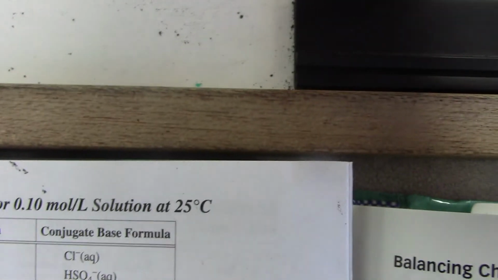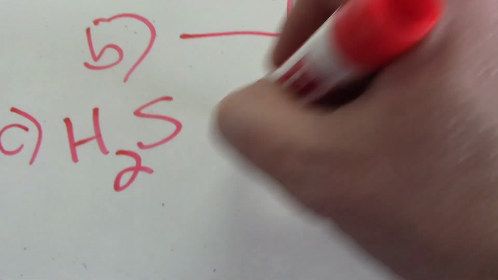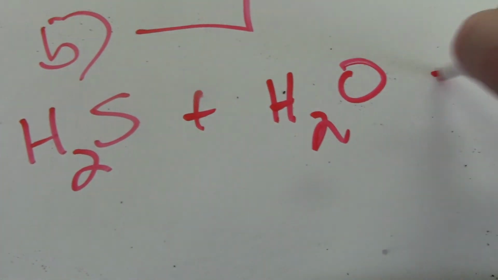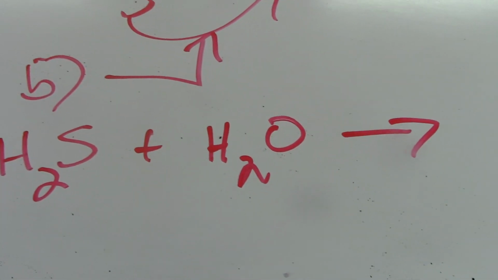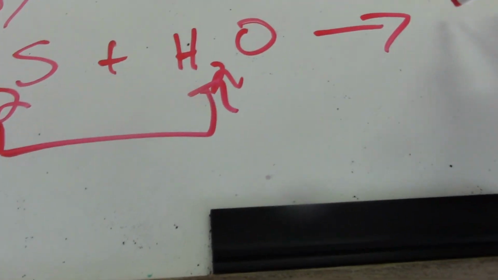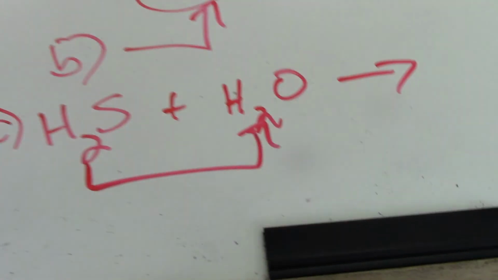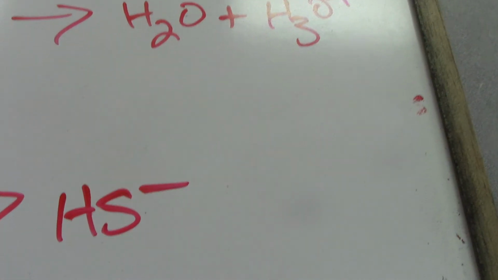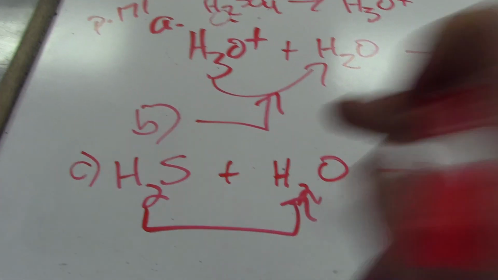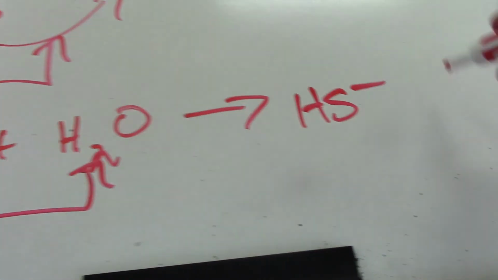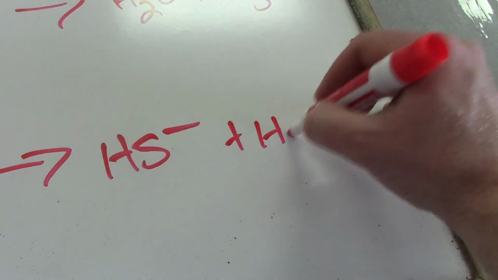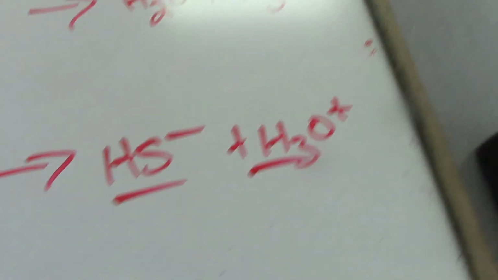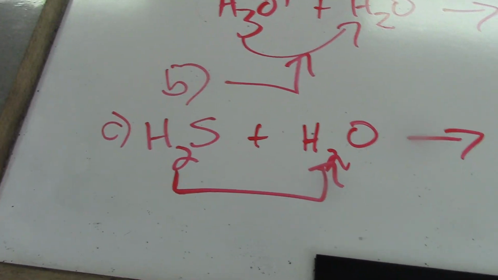So H2S plus water: this is an acid, and when it loses a proton, it ends up a negative ion. So I have HS negative, and the proton goes to the water and makes H3O plus.